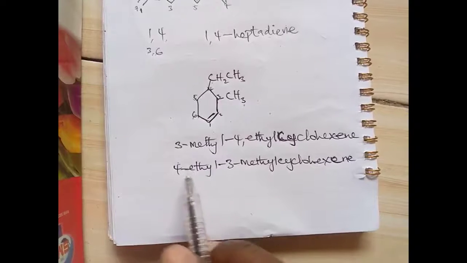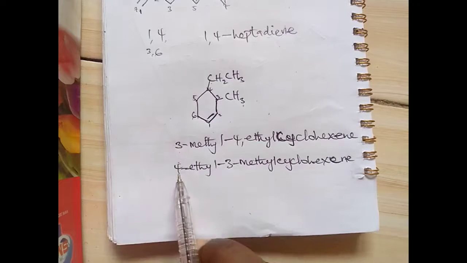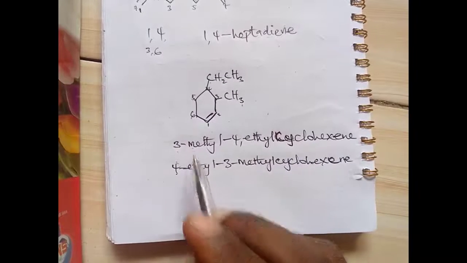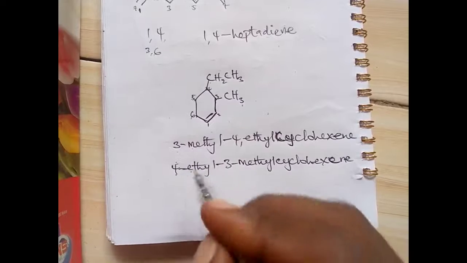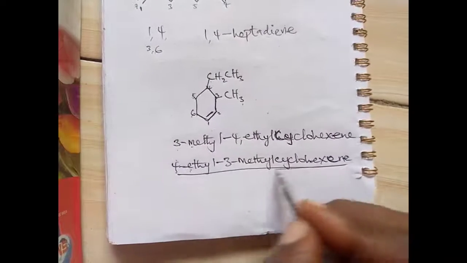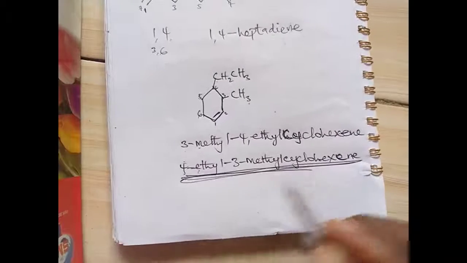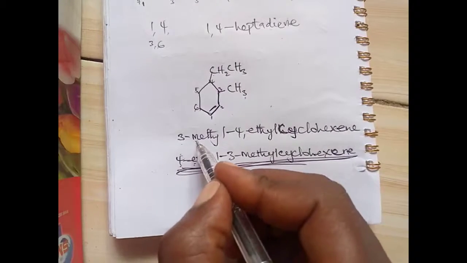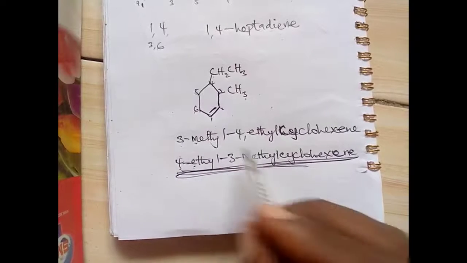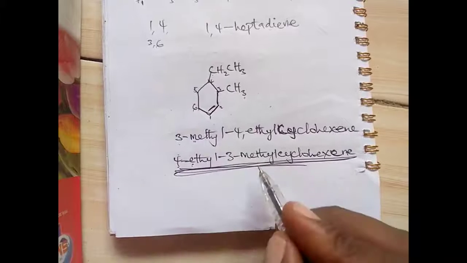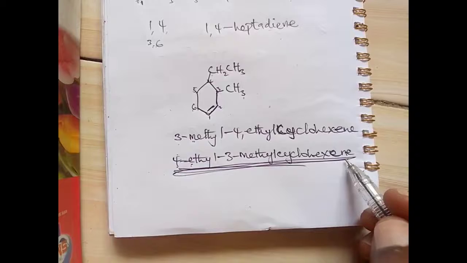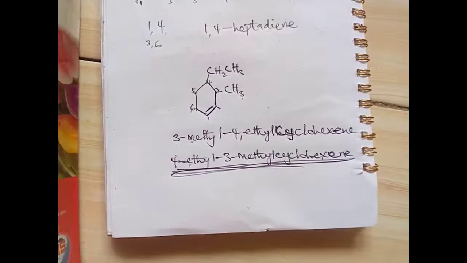Now, if we look at this, you can see that we have 3 here, we have 4 here. But in this case, we're going to pick, here is M, here is E. Well, E comes before M. So for this case, we're going to pick this as the actual name because E comes before M, irrespective of the number. But if we also want to say where this ene is, we can say cyclohex-1-ene. So that would be the name.